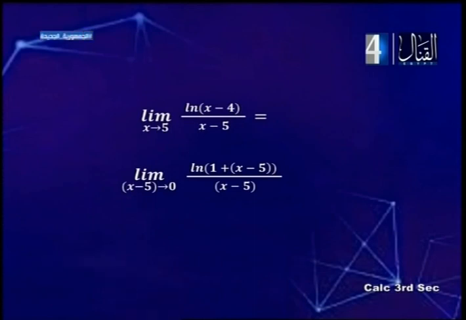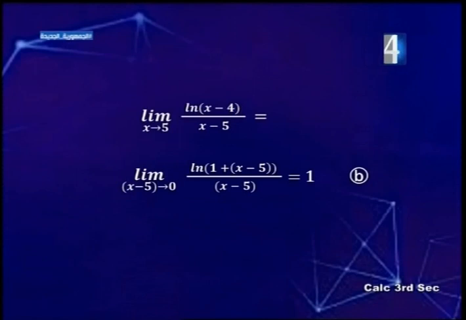In the numerator, we have 1 plus (x minus 5) equals x minus 4. And when x tends to 5, we can write x minus 5 tends to 0. Then this limit equals 1, because we have a general rule: the limit of ln(1 plus x) over x when x tends to 0 equals 1. Then the limit of ln(1 plus (x minus 5)) over (x minus 5) when x minus 5 tends to 0 equals 1, and we can choose letter B.